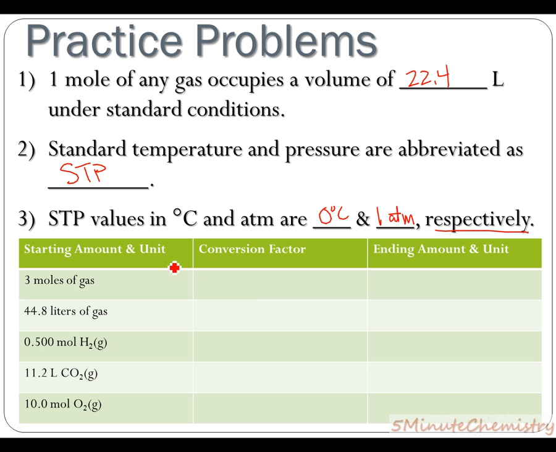Now let's finish this table. 3 moles of gas. I'm going to have the thing I want to cancel on bottom: 1 mole of gas, with 22.4 liters of gas on top to get the ending liters.